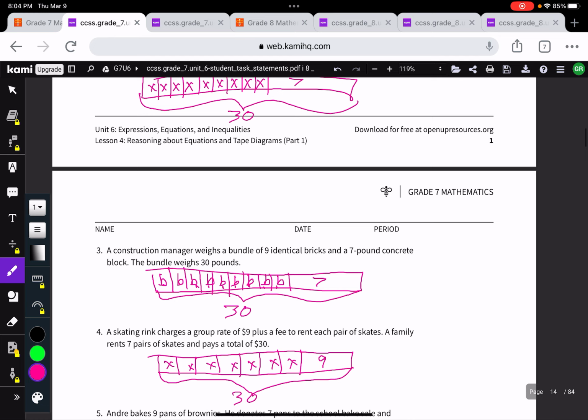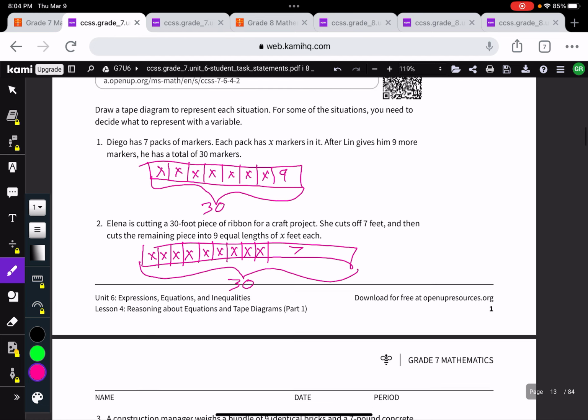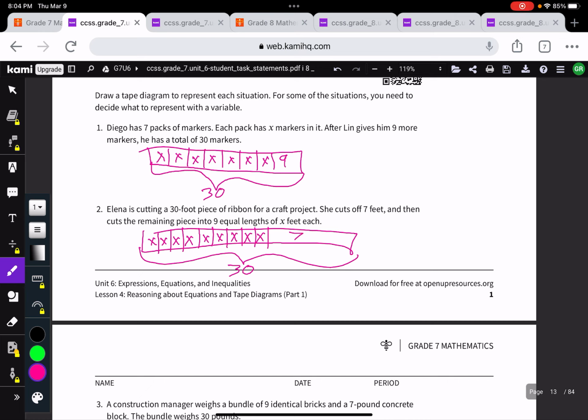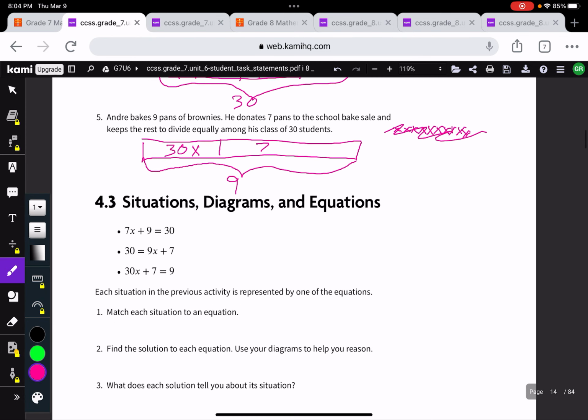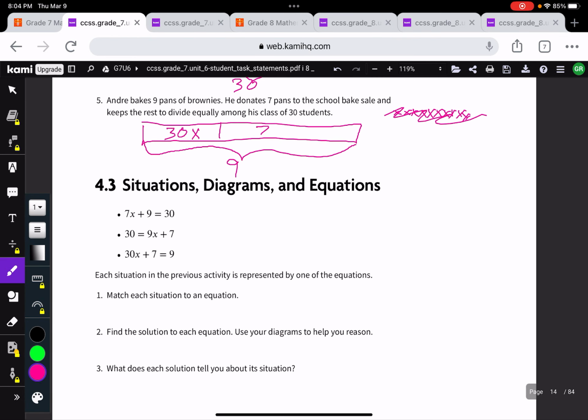So, number one, Diego has 7 packs of markers. Each pack has X markers in it. This looks like there are 7 X's and a 9 equaling 30. You're going to notice number 1 goes with that one. There's 7X, 7 times however many are in each pack, plus the 9 markers equals 30.